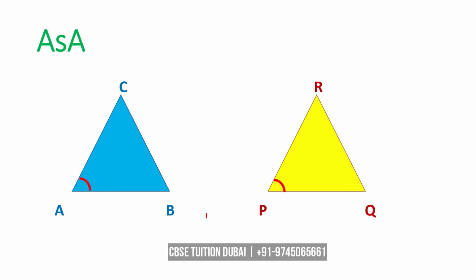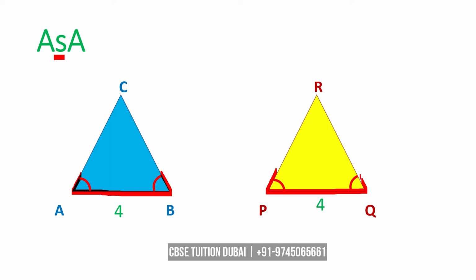Angle A and angle P are equal, AB is equal to PQ, and angle B is equal to angle Q, which means there is a side in between two angles. Here also it is the same.